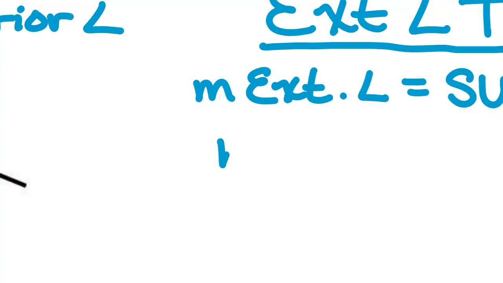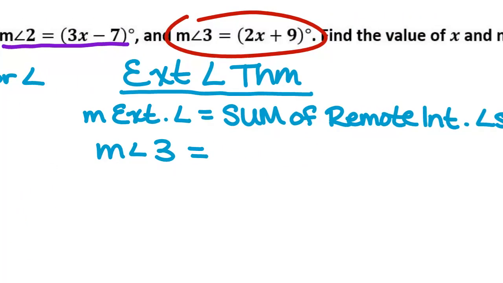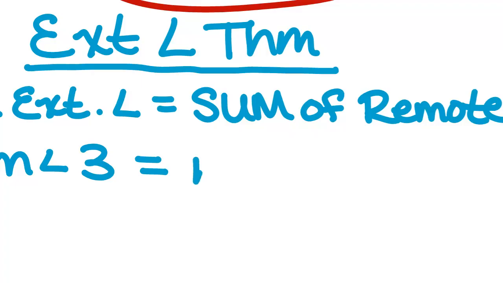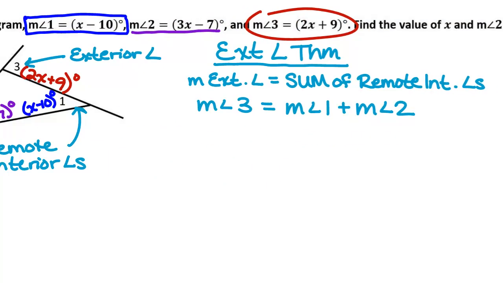So my exterior angle, the measure of angle 3, is equal to the sum of my remote interior angles. So the measure of angle 1 plus the measure of angle 2. And now I'm going to substitute in what we have.